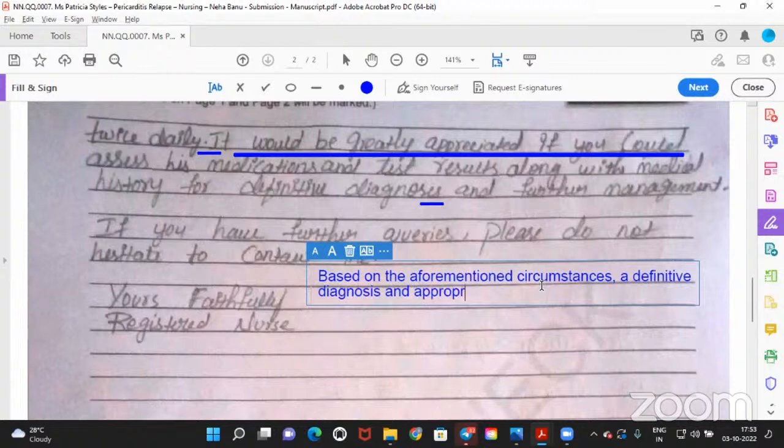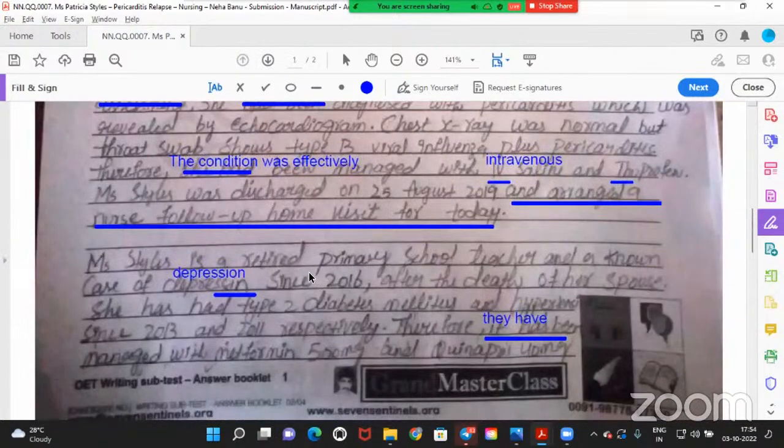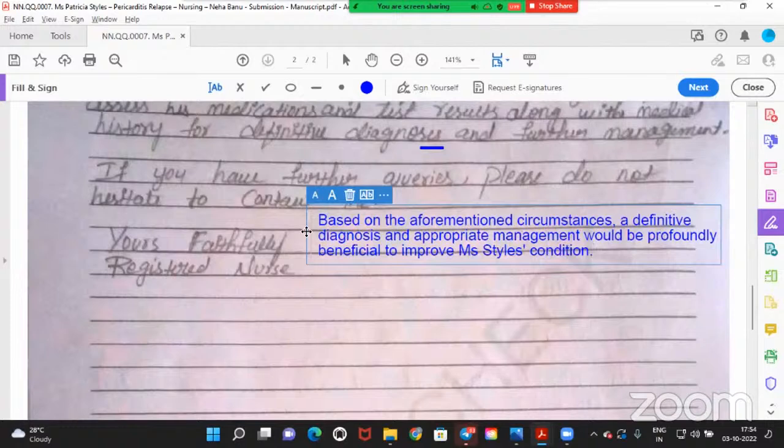Further, you have already written earlier, appropriate action plan or treatment or management would be profoundly beneficial to improve Miss Patricia, Miss Stiles' condition. Yeah. Miss Stiles' condition, Patricia Stiles. Like that you can write.